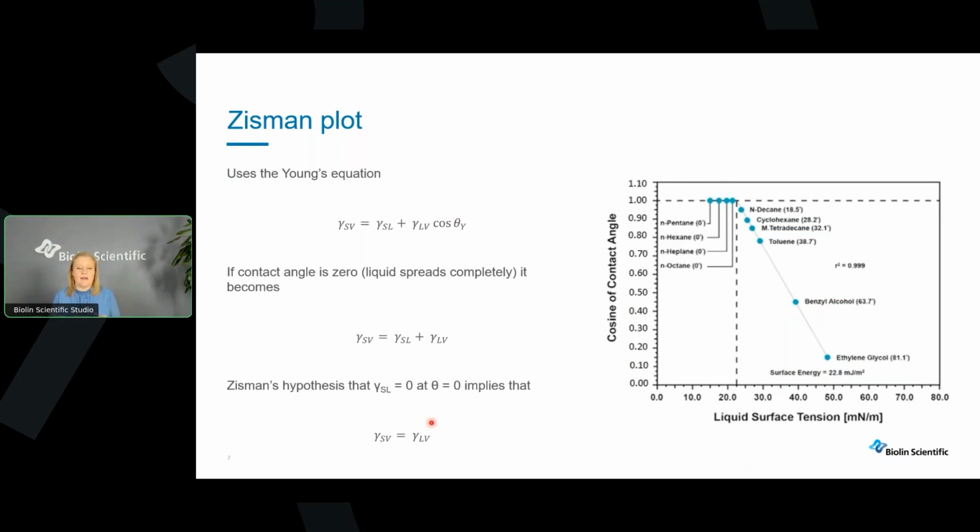So this is how it's not really, in a sense, calculated. It's more according to measurements with several different probe liquids. But this is not a super typical method, at least any longer, and it's also quite time consuming because you have to measure with several different probe liquids.